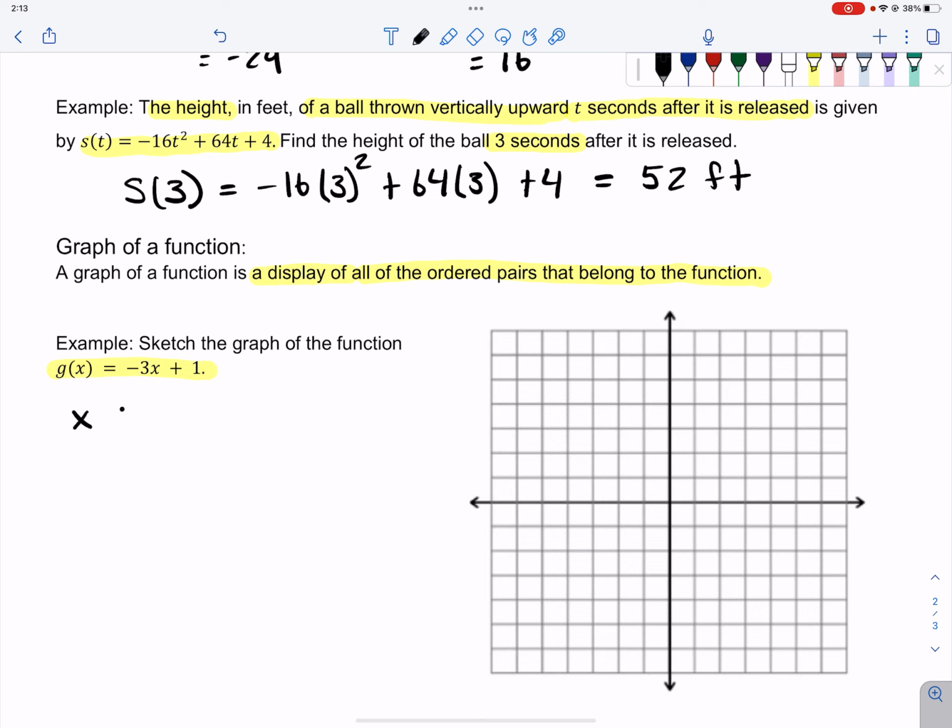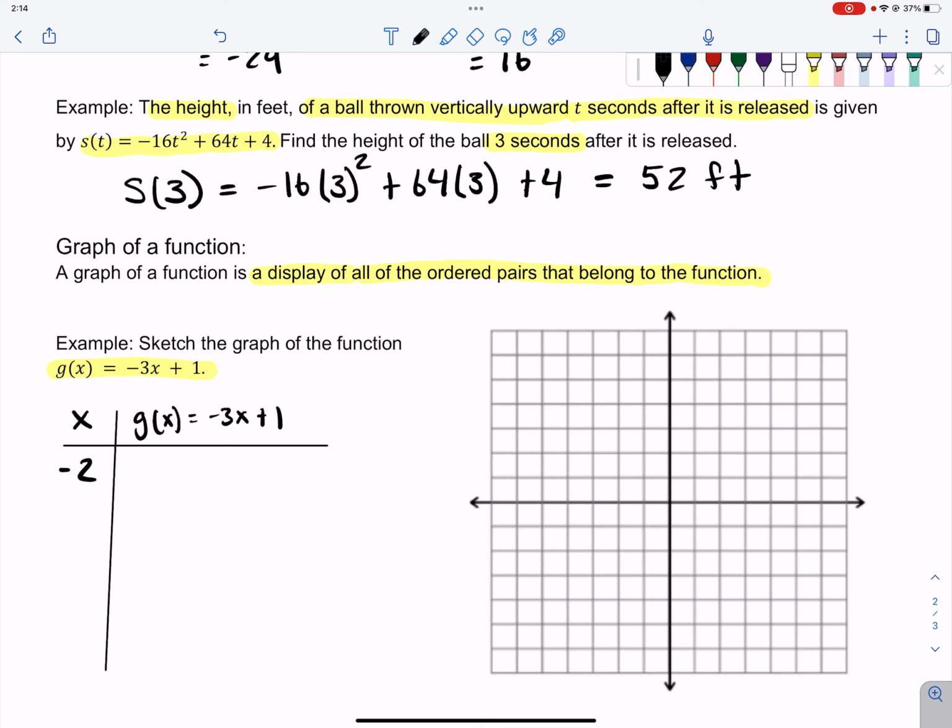But in this case, our y is going to be the g of x. So I'm going to put in some different values of x into this function so that we can get what our g of x output is going to be.